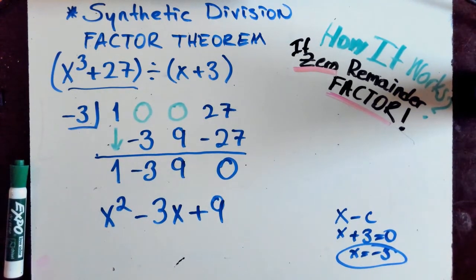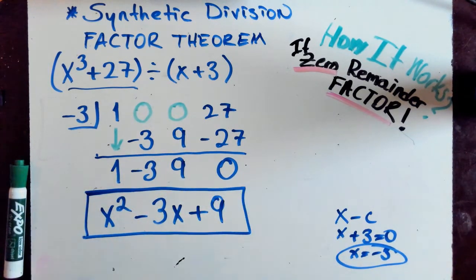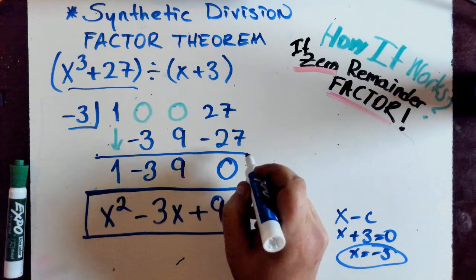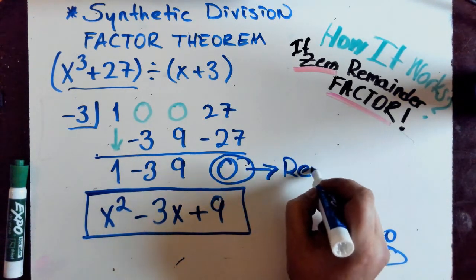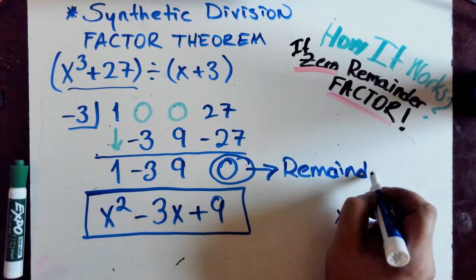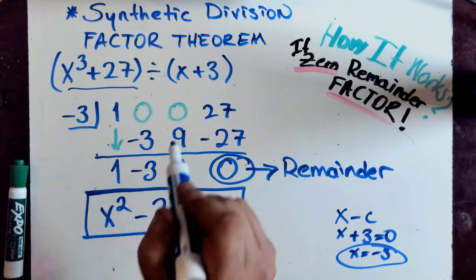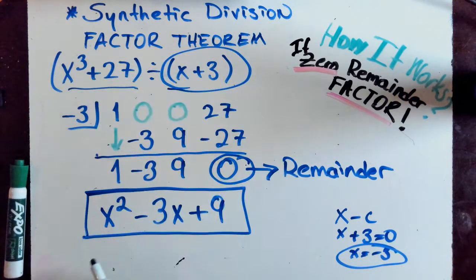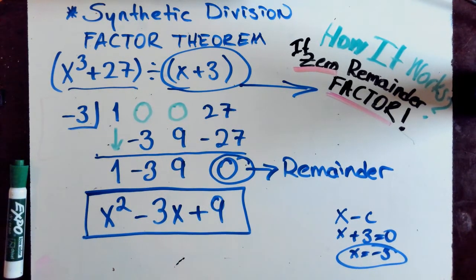So when I divide, my quotient is this. And look over here, my remainder is 0. Because the remainder is 0, x plus 3 is a factor of the polynomial x to the third power plus 27.